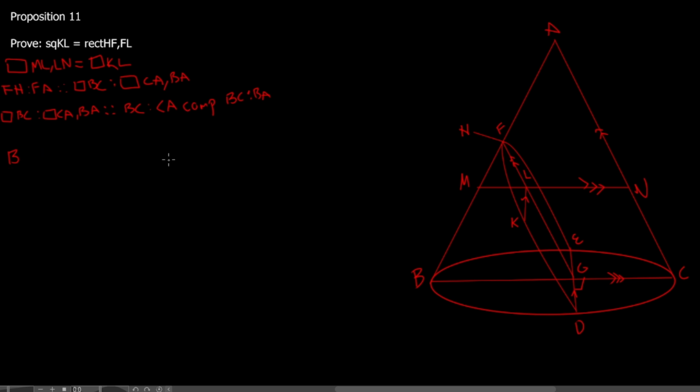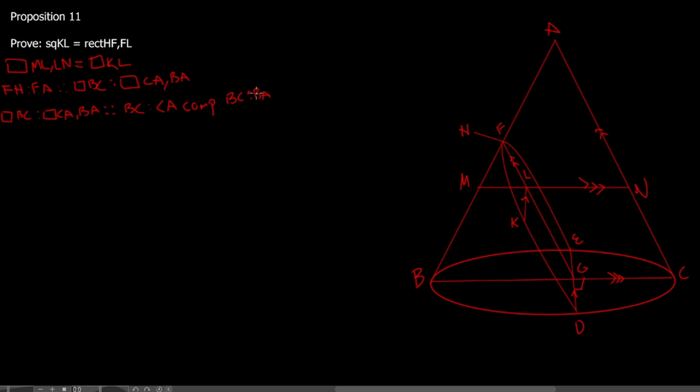But basically going forward, if we ever have something on one side of a ratio which is a square or a rectangle, we can think of this and sort of FOIL it. So BC times CA, one side, BC times BA, another side.